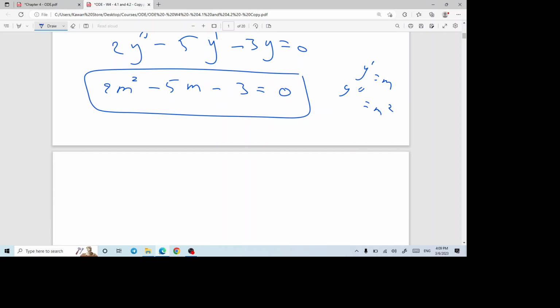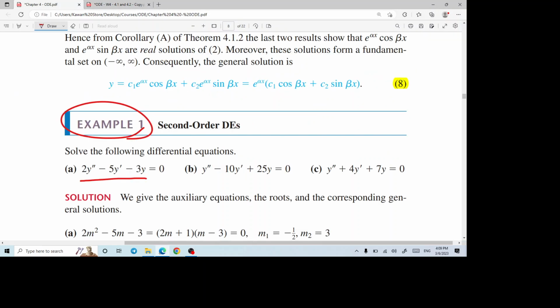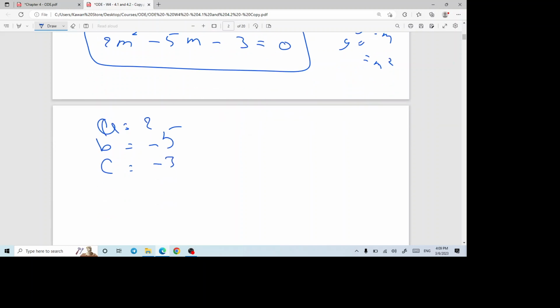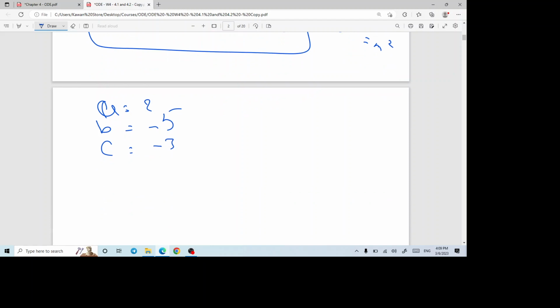When you solve that one, let me say a is equal to 2, b equal to minus 5, am I right? c equal to minus 3. When we solve that one, we got such a result. We say m1,2 equal to minus b plus or minus, you remember that one, right?